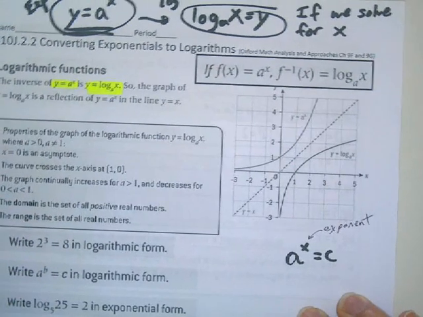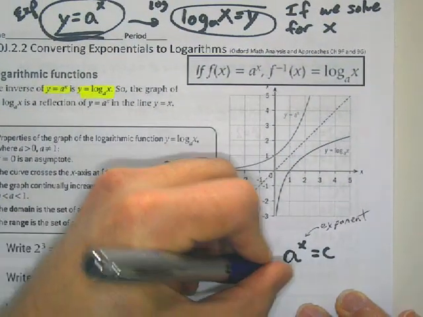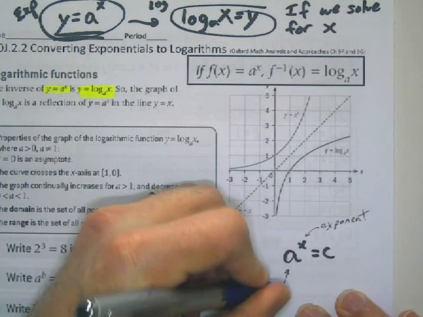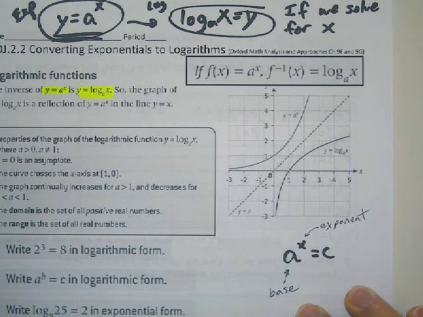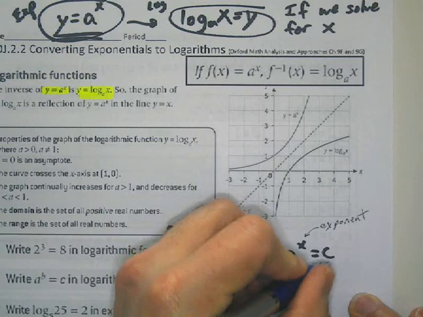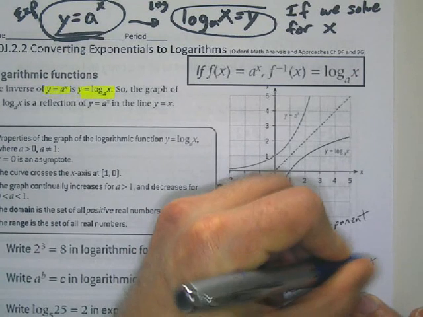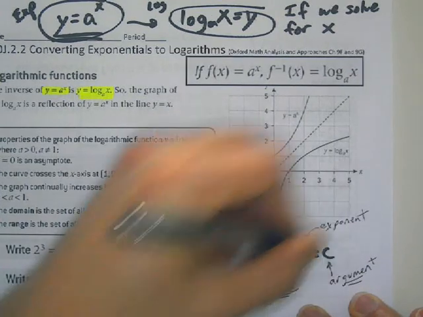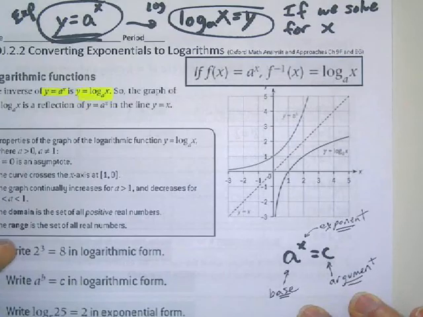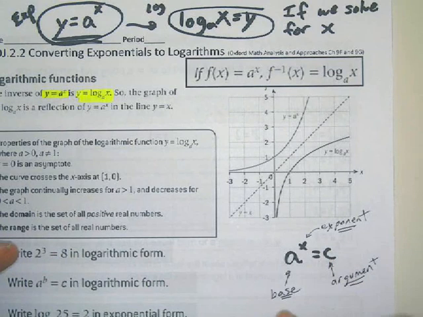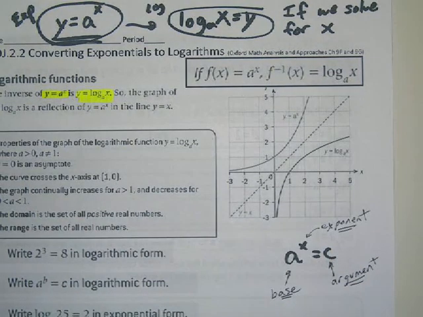You already knew that. This here is called the base. And this thing right here is called the argument. We're going to be using this vocabulary, so if I talk about the exponent, the base, or the argument, I want you to have an idea of what I'm talking about.